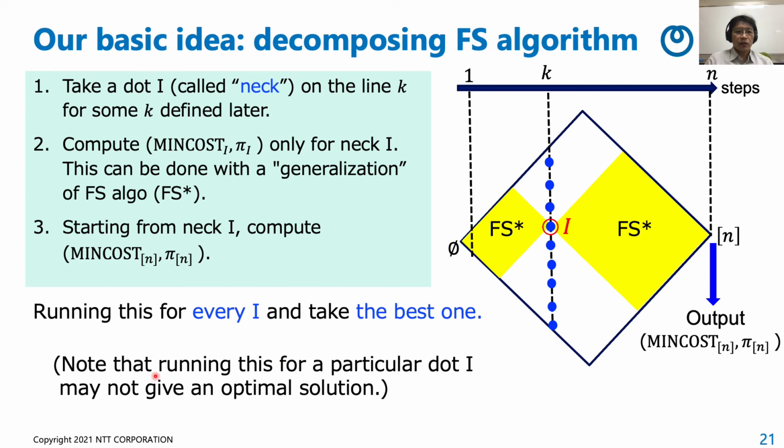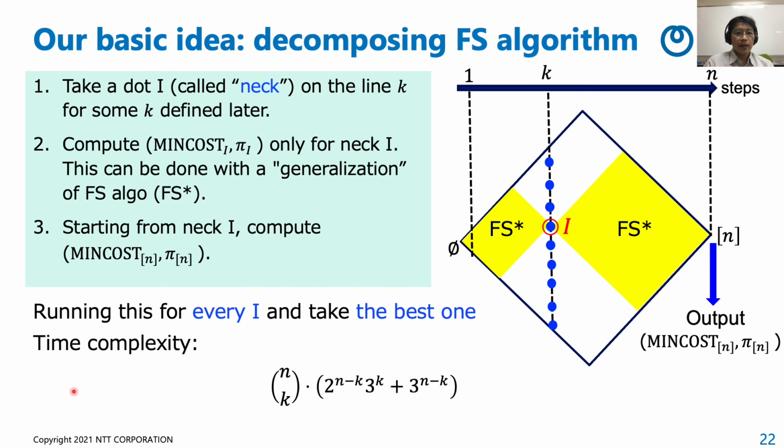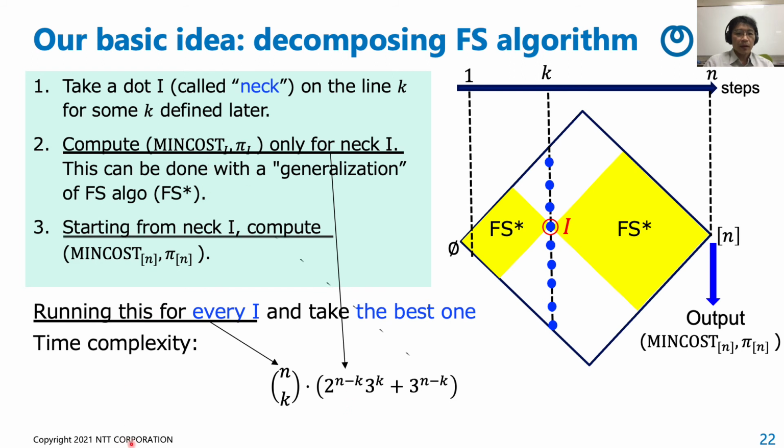Note that running this for a particular dot I may not give an optimal solution. So the time complexity is as follows. This part is for running this procedure for every I, and this part is for the second step, and this part is for the third step.